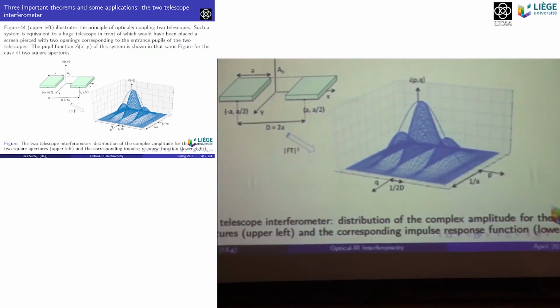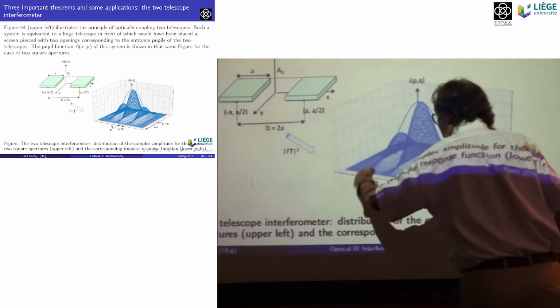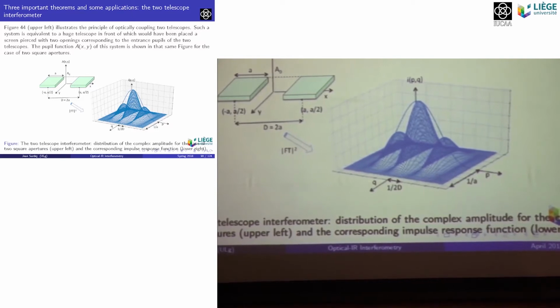So it's just an example. So we see, wow, previously, for the square aperture, we were getting this function, and now we see that there is a modulation, and that it improves the angular resolution of the optical instrument.